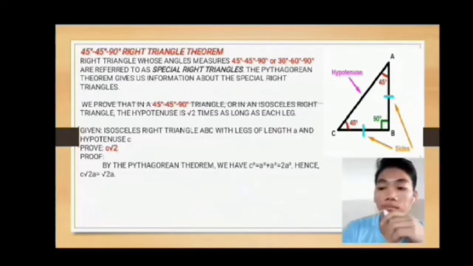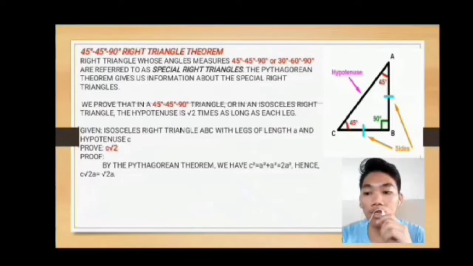So, kung babalikan natin yung nakaraang discussion na Pythagorean theorem, kung matatandaan natin na meron tayong formula dun na c squared is equal to a squared plus b squared. Since wala tayong b dito, kaya parehas na a yung ginamit natin. So, a squared plus a squared is equal to 2a squared. Alam naman natin na pag rational is bawal yung may radicals, so kailangan natin tanggalin yung squared.